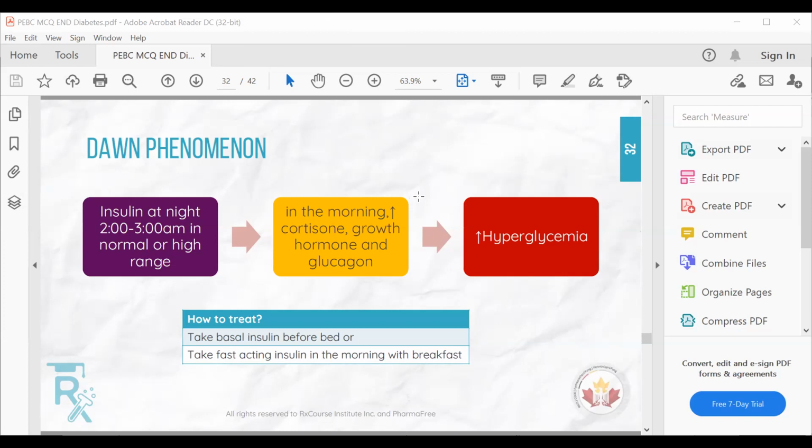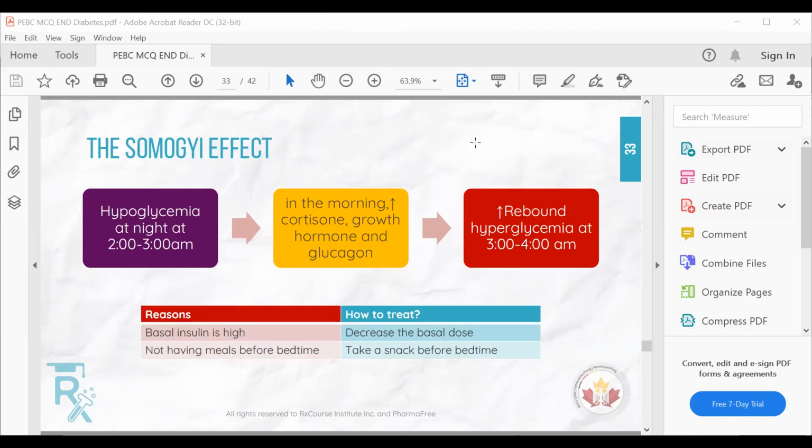But the thing that might happen and need more effort is what we call the Somogyi effect. In the Somogyi effect, the patient during the night, at around 3 or 4 a.m., will have hypoglycemia. His blood glucose will go low. So what will happen by your body as a normal reaction?